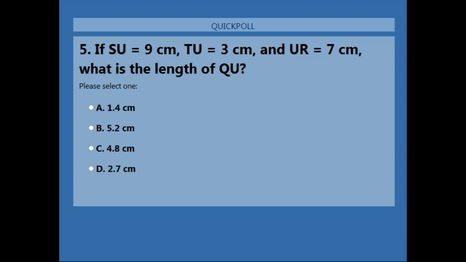So you have SU is 9 centimeters, TU or UT is 3 centimeters, UR is 7 centimeters. What would be the length of QU, given that they are chord segments and the chords are intersecting?